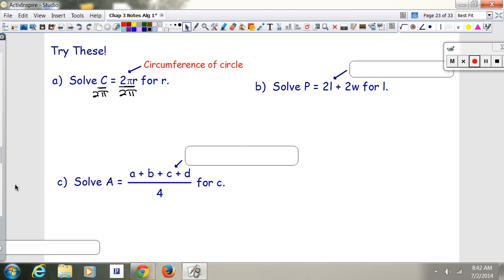We're going to divide both sides by 2, because that'll cross out these 2's. We're going to divide both sides by pi, because it'll cross out the pi's. All you'll have is r equals, and you'll just leave it as C over 2 pi. That would be letter A. Done. That fast.